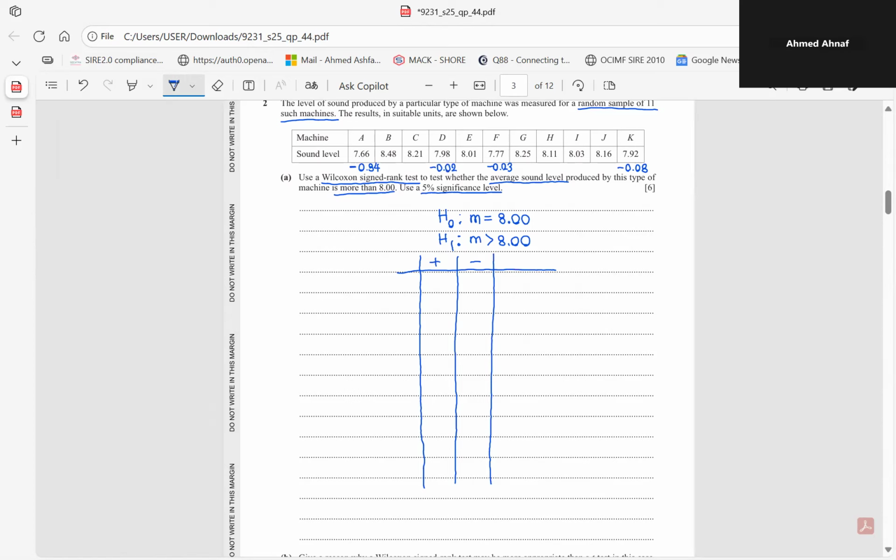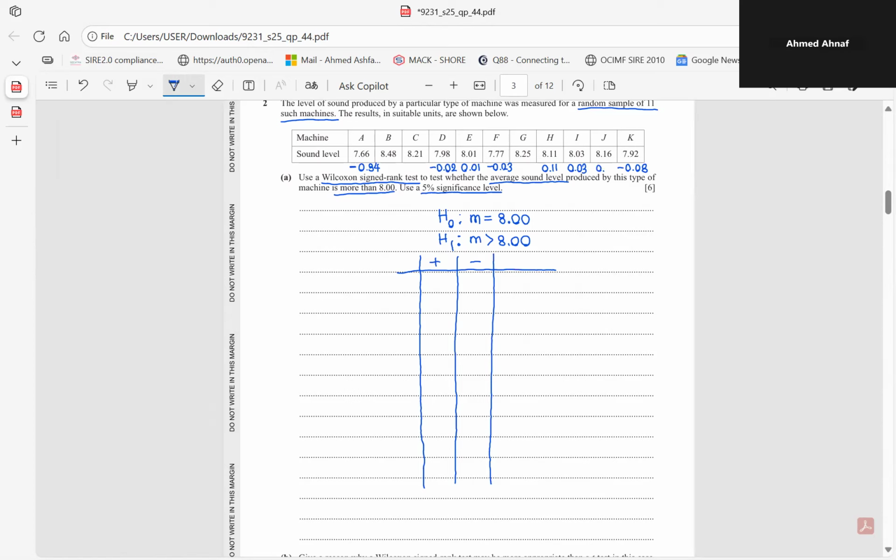Now let's look for the closest value. I can see it is E, just 0.01. Then the next one is 0.03, just three more. And then we have 0.11, that is 8.11.